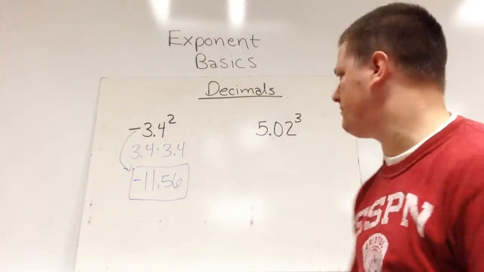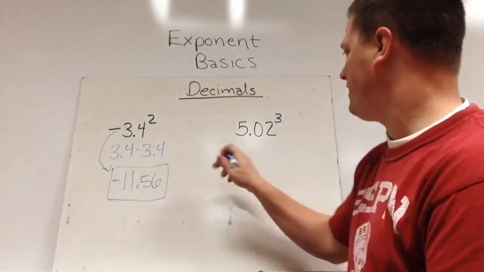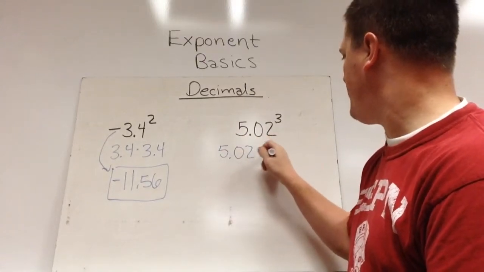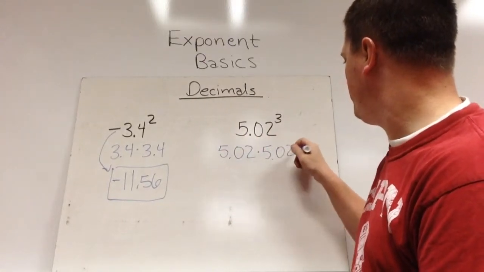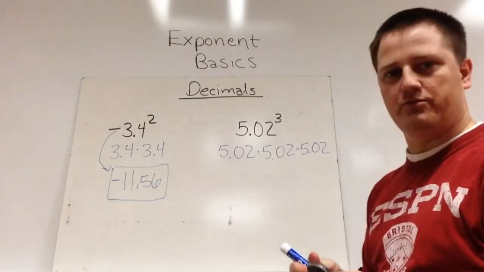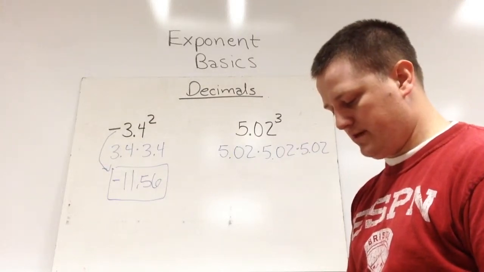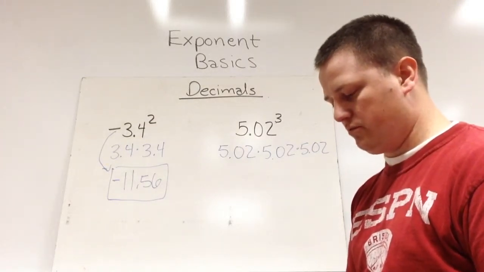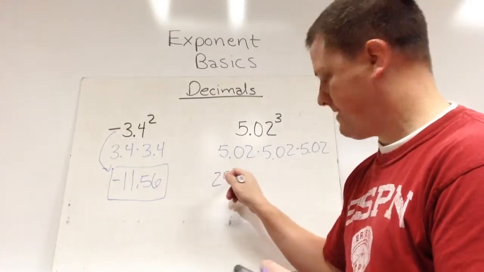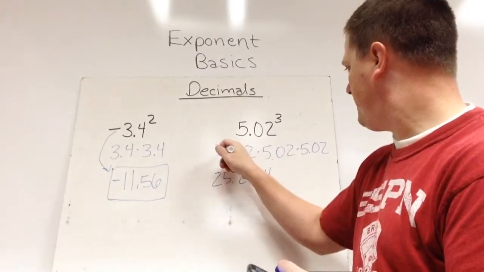Okay, we're going to use a similar path for this one. We would go 5.02 times 5.02 times 5.02. And we would just multiply this across. 5.02 times 5.02, we get 25.2004.